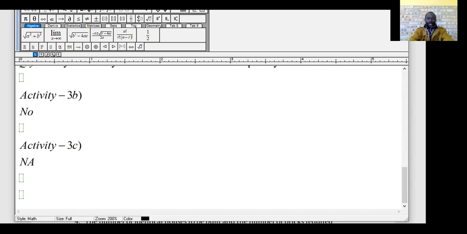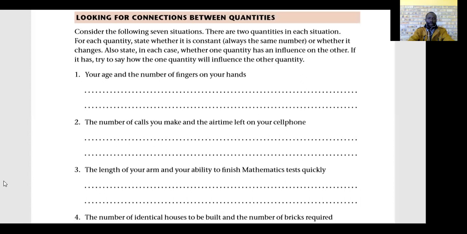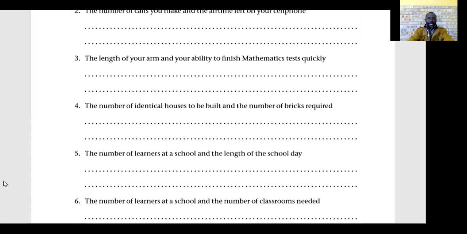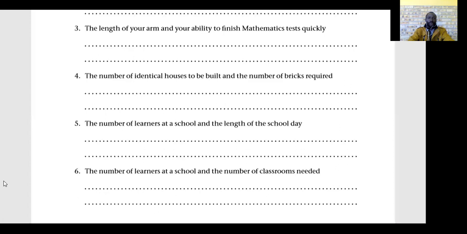Now we move to activity 4. Let's see what it's going to be. For activity 4, we have the number of identical houses to be built and the number of bricks required.